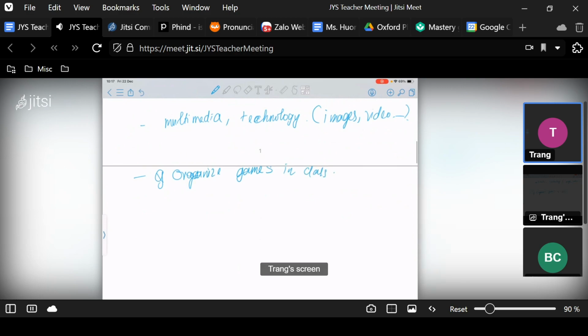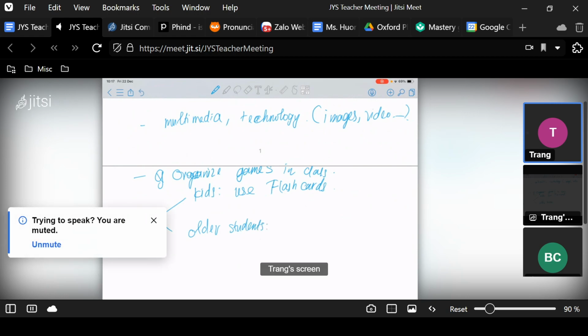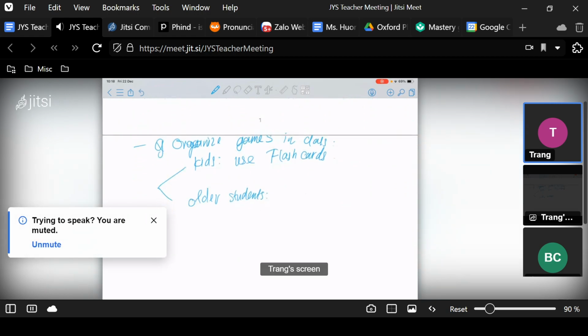For example, for kids, we can do games using flashcards and play around the class. And for older students, we can play games like Bamboozle. You know, we have done this already.